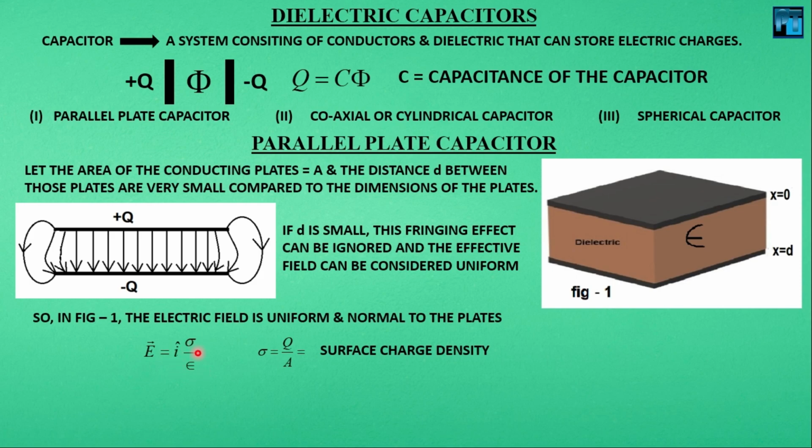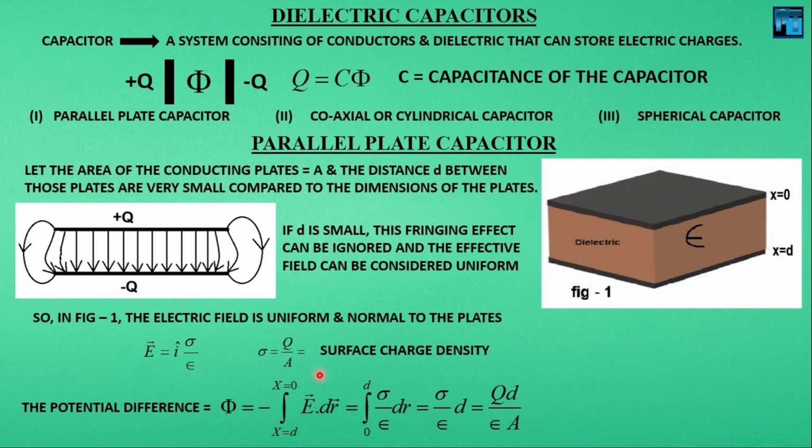This E equals sigma by epsilon comes from the fact that for a charged plate the field is sigma by epsilon. It comes from the application of Gauss's law for charged plates. And what is sigma? Sigma is just the surface density of charges.